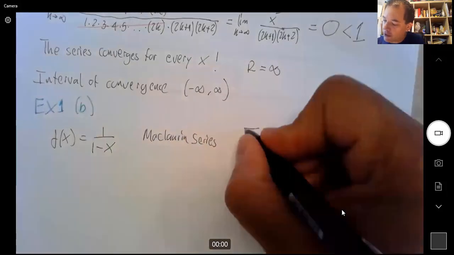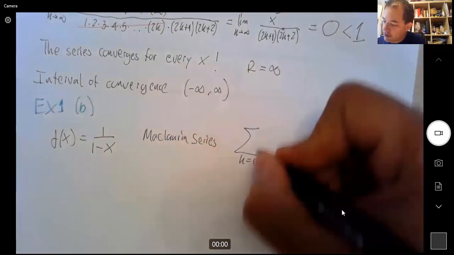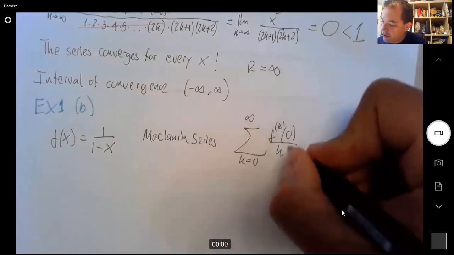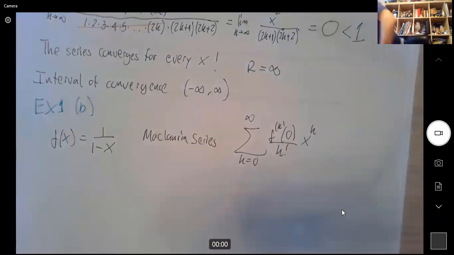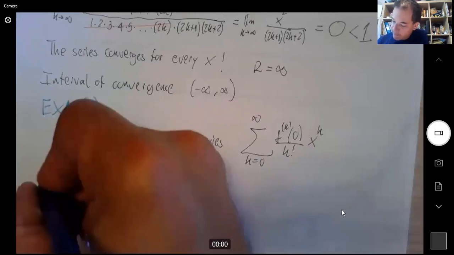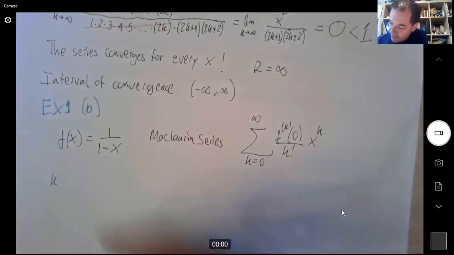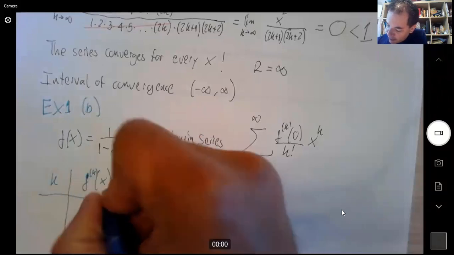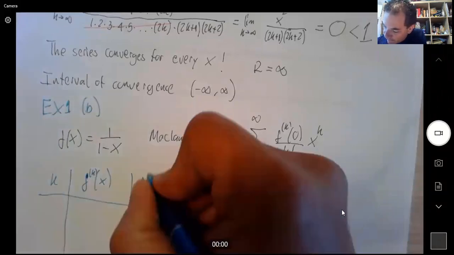I'm going to write the formula right here: the k derivative at 0 divided by k factorial, x to the power k. Same instructions as before. We need to figure out the first derivative, the second derivative, and so on. So let's do a table again. So here's k, and we're going to do the k derivative, and we're going to plug in 0.